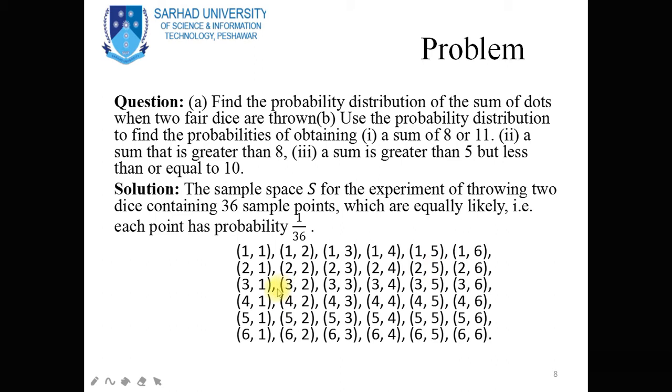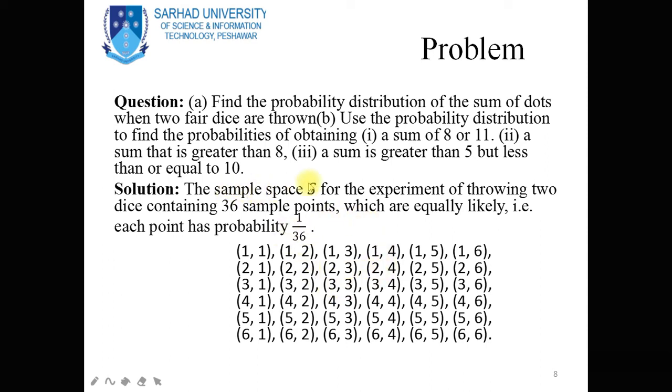And similarly, if we fix the result of the first die and vary the result of the second die, we may obtain 2 1, 2 2, 2 3, 2 4, 2 5 and 2 6. And you see over here, these are the possible outcomes for this experiment, which are 36.